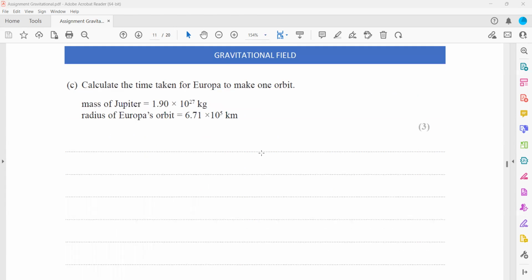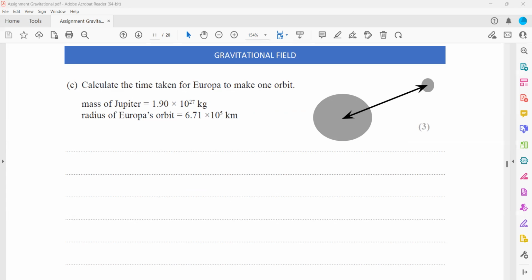Calculate the time taken for Europa to orbit once. The mass of Jupiter is given, and the radius of orbit is also given in kilometers. The radius of the orbit is measured from the center of mass of one to the other.